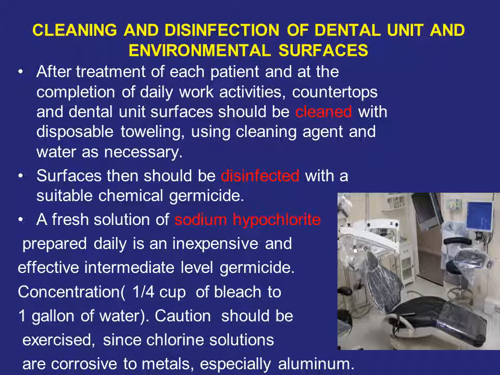After cleaning, all surfaces should be disinfected using any chemical germicide, such as sodium hypochlorite, which is an inexpensive and effective germicide. It should be in a concentration of 1/4 cup of bleach to 1 gallon of water. This is its dilution. But caution should be taken because chlorine is corrosive to metal, especially aluminum.